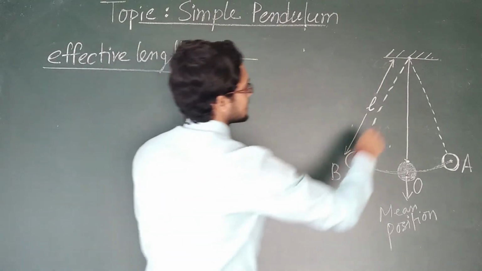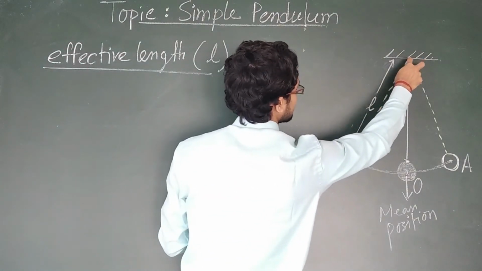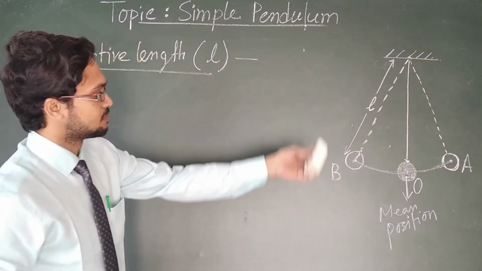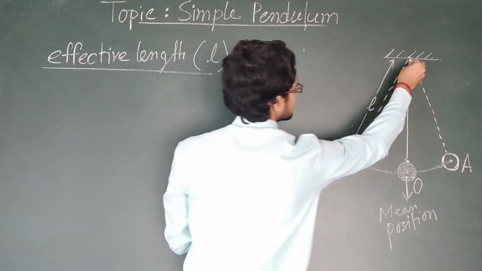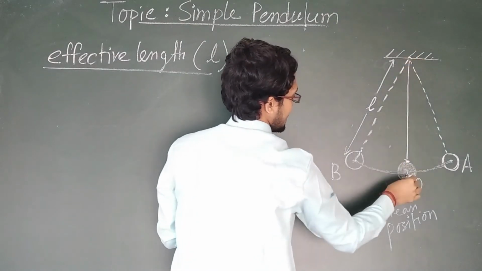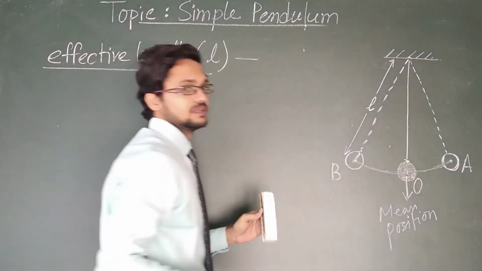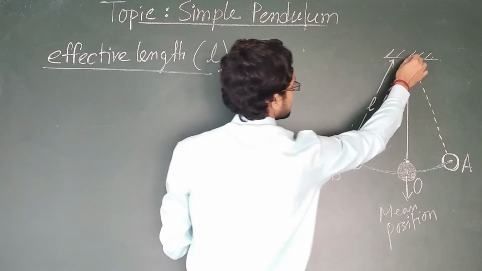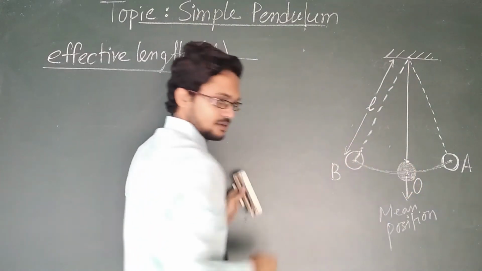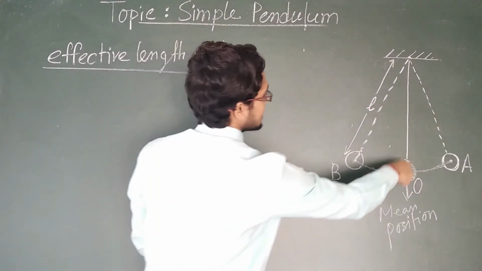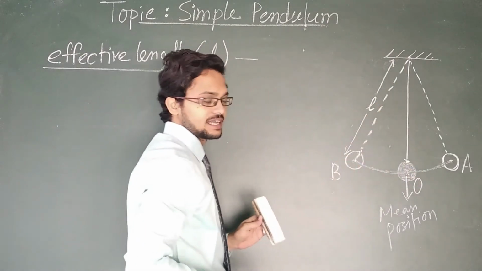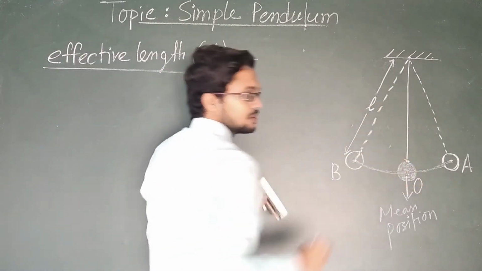Effective length means basically the total length from this point from which the bob is hanging, the distance between this point and the center of mass of the bob. So this total length means the length of the string plus the radius of the bob.